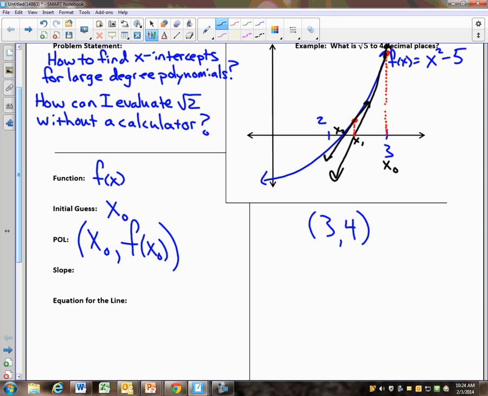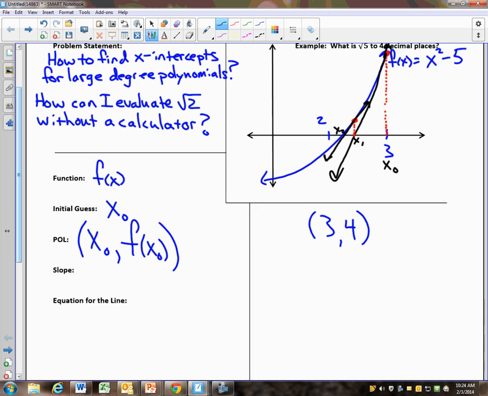But by doing Newton's method, finding the x-intercept of the tangent line, we came out with a really nice estimate. Now, a line has degree what? Degree 1, right? So when you solve for this, are you going to have any square roots? No. And so it's a great way to represent irrational numbers as a rational approximation.